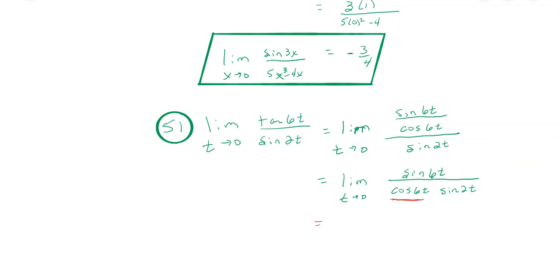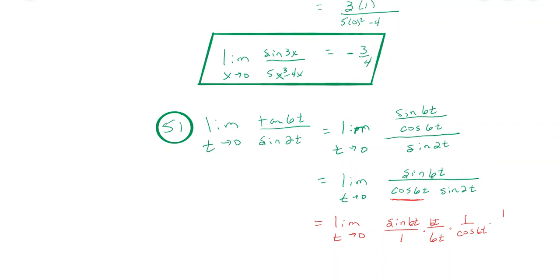So what I would do is have the limit as t goes to 0. And I would split these up. So I would have sine of 6t over 1. And I need a 6t down here in the bottom so that they have their match, right? So I'd have to multiply by 6t on the top to have a version of 1. Okay? Then I'd have 1 over cosine 6t, which is okay, because as t goes to 0, this is going to be 1 over 1.